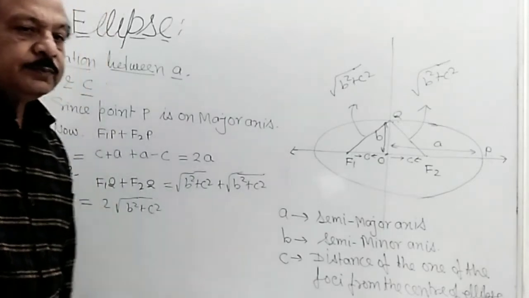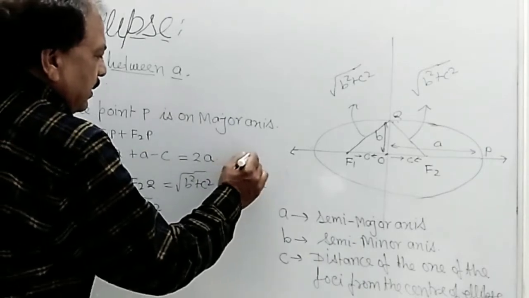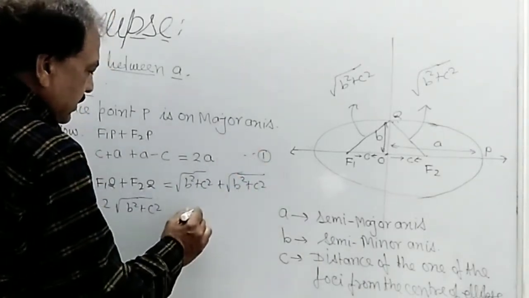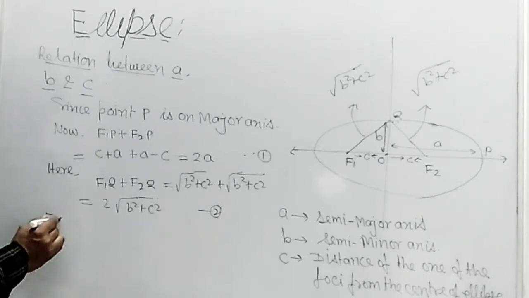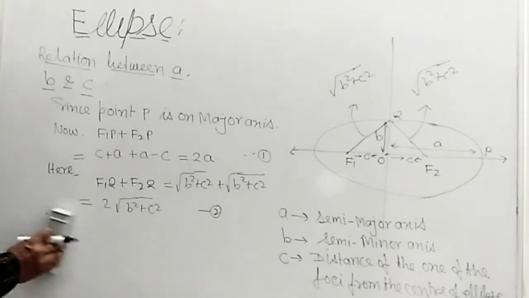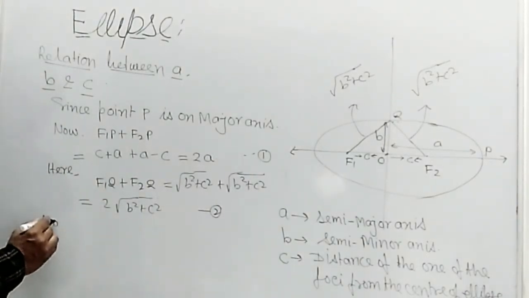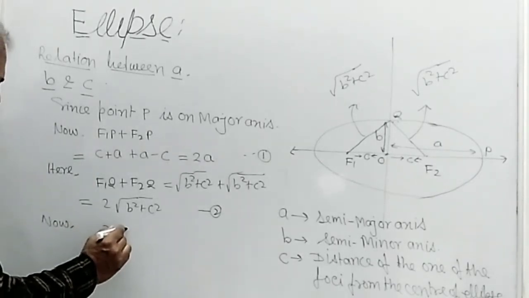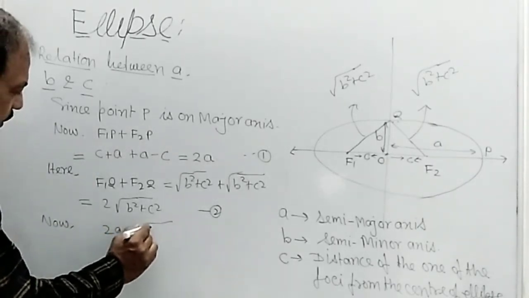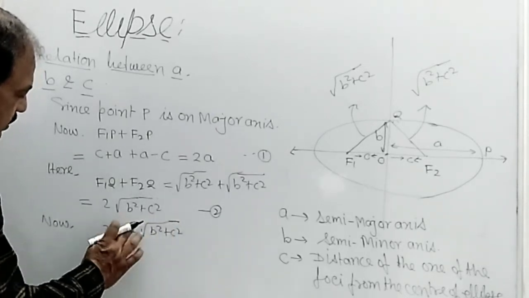Now this is 1 and this is 2. From 1 and 2 we can write 2A equal to 2 under root B square plus C square.